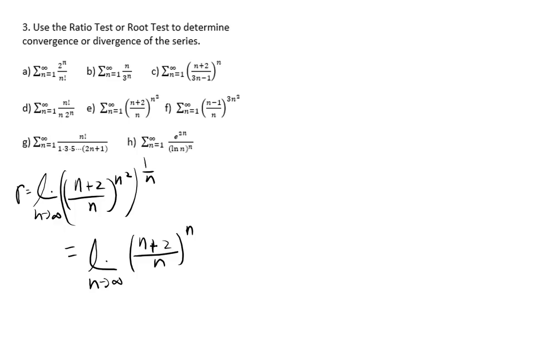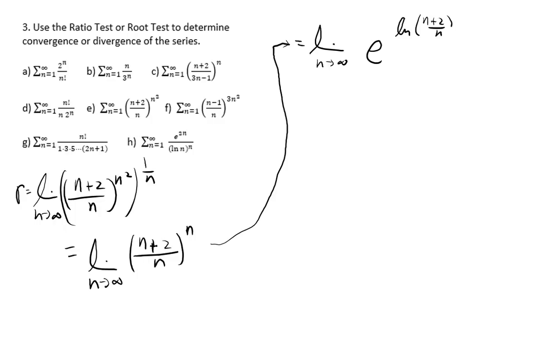Okay, so when you have a limit where both the exponent and the base are changing, you're taught that you should be using this nice rewriting by introducing e and ln. So it's e to the ln of ((n plus 2) over n) to the nth power.